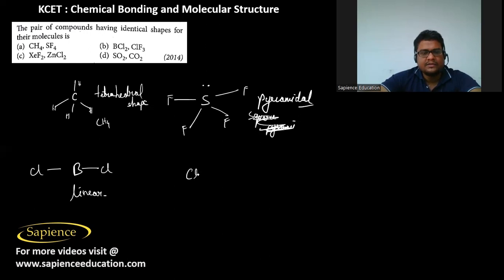and in case of ClF3, we have 1, 2, 3, 4, 5, 6, and 7. Okay. So here we have 2 lone pairs and 3 bond pairs.